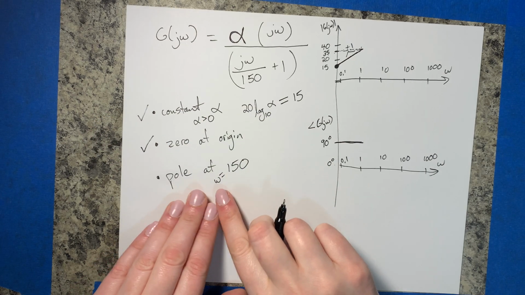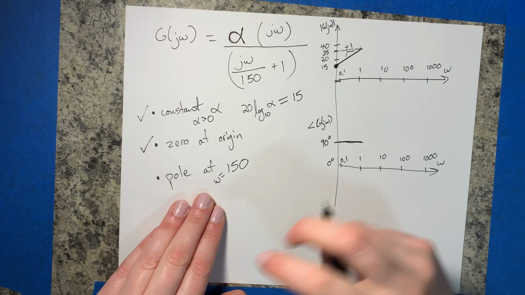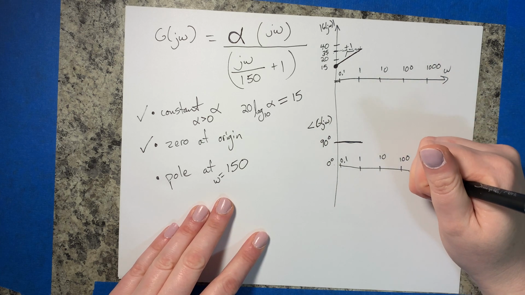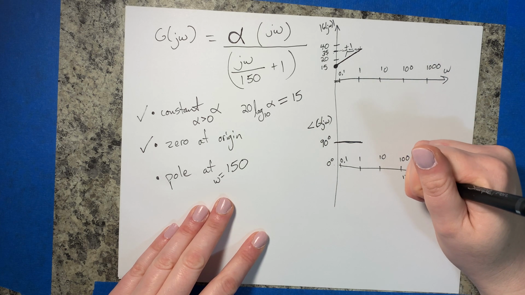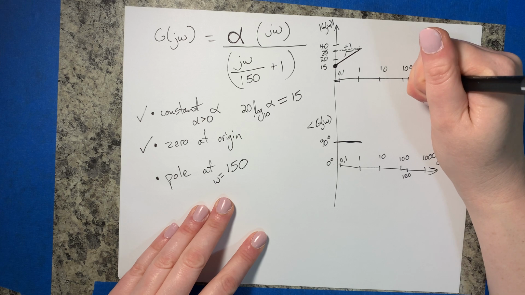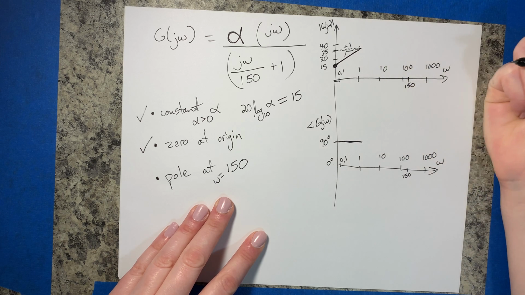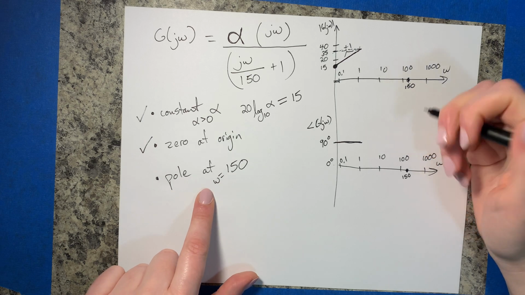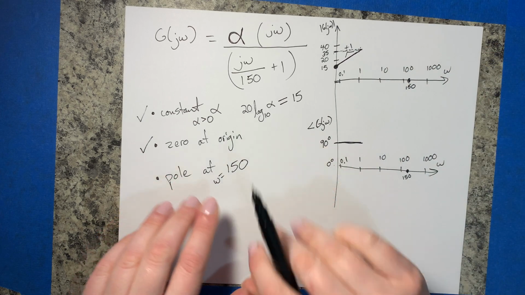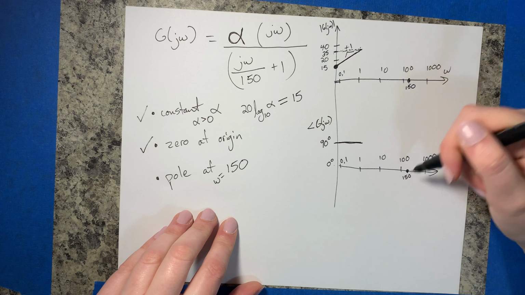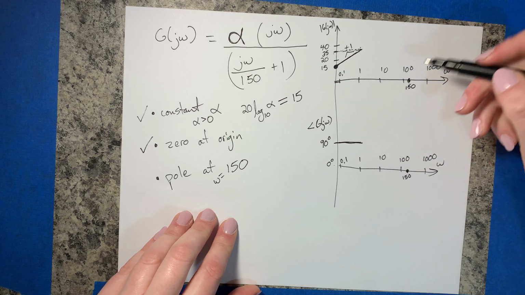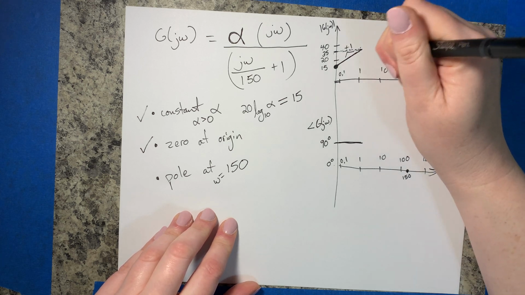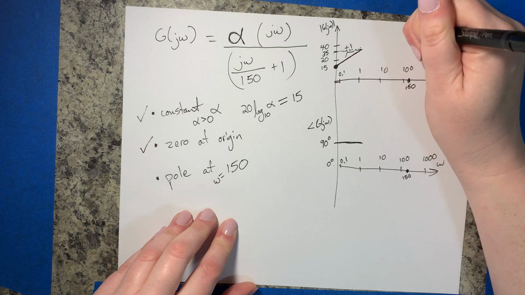Now the pole at omega equals 150. Okay, let's mark the 150. I'm going to say it's somewhere around here. Now this is a pole that is not at the origin, so we have to use that decade. Not so much for the magnitude plot, but for the phase plot certainly.